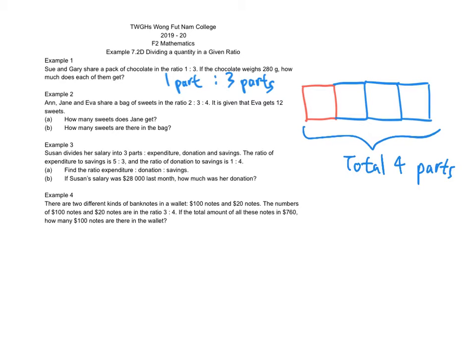And the total weight of this chocolate is 280 grams. So the situation is there are 280 grams of chocolate divided into 4 parts, and Sue gets 1 of them, and Gary gets 3 of them.